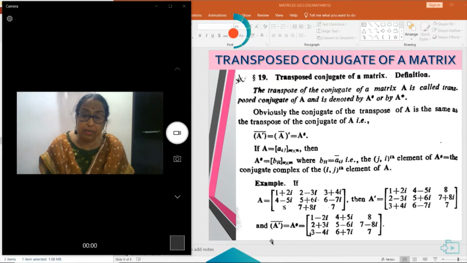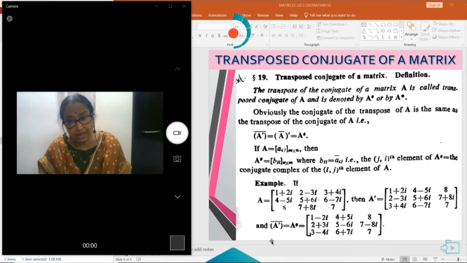Obviously, the conjugate of the transpose of A is the same as the transpose of the conjugate of A. That is, first take the transpose and then take the conjugate is equal to first take the conjugate and then the transpose, and both are equal to A to the power theta.